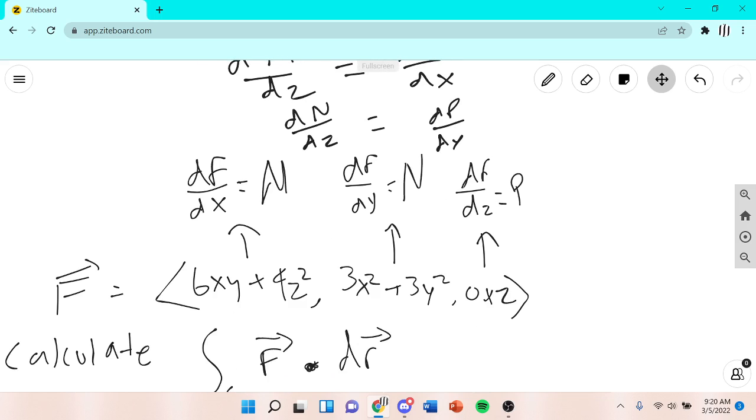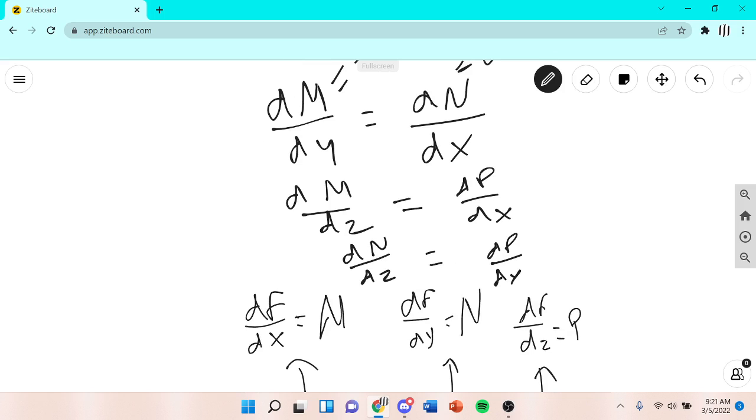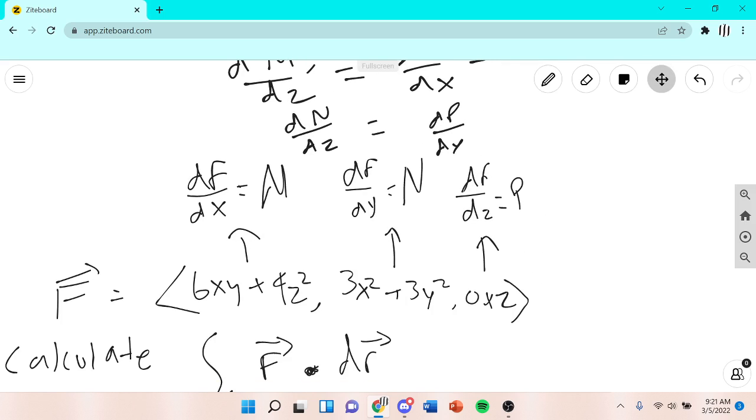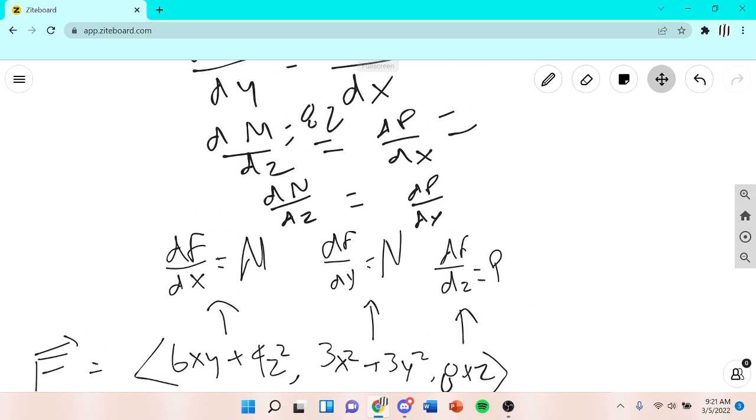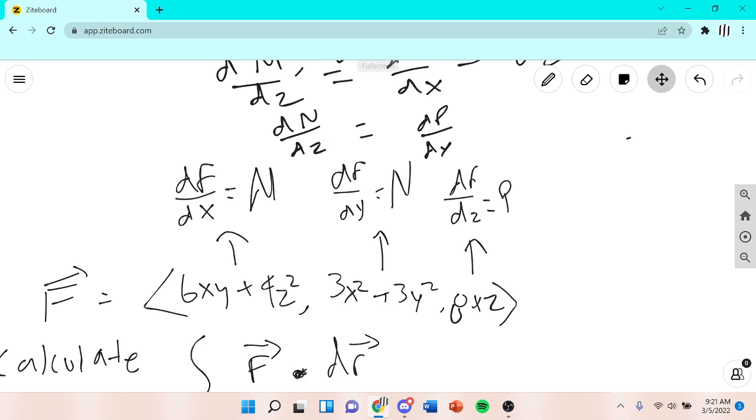With respect to dm over dz, this term won't matter, so this will just be the partial derivative of this term, which is 8x. Sorry, this should be 8xz, so the partial derivative is 8x, and the same with respect to x, because the x will just become 1 when it's differentiated.